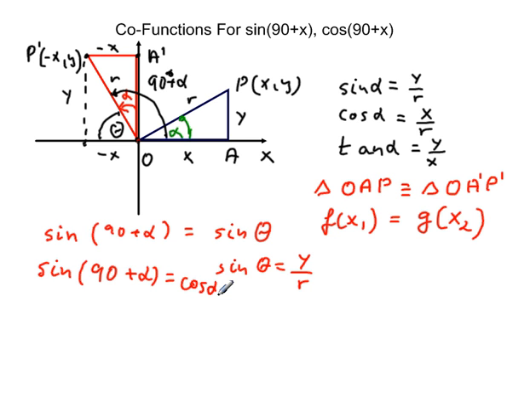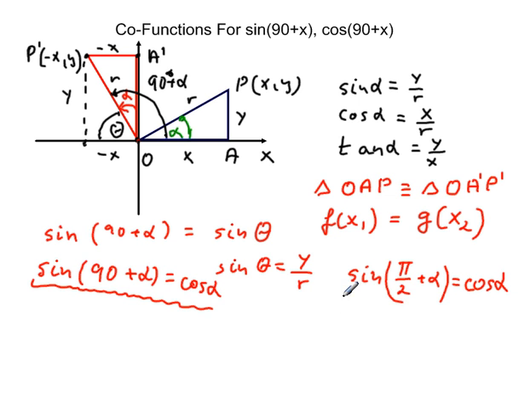This is our conclusion, that sine of one angle is equal to cosine of the other angle. Whether we're using degree units or radians, same thing. We can rewrite this formula as sine of pi over 2 plus alpha is equal to cosine alpha. This is just a different unit.